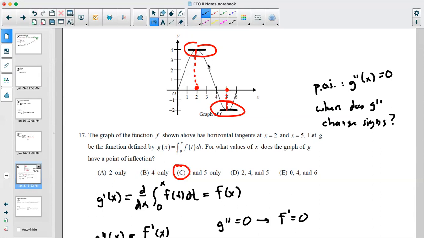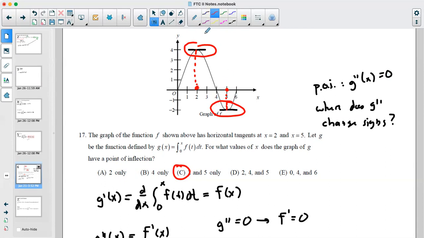So f prime changes signs here, which means g double prime also changes signs here. It also changes signs at 2. And then the slope of the graph between 2 and 5 is negative, which means g double prime is negative. And then the slope of the graph is 0 when x is 5, which means g double prime is 0. And then the slope of the graph is positive.